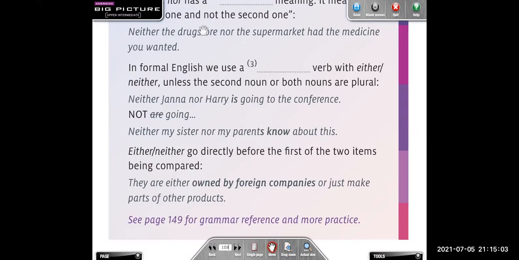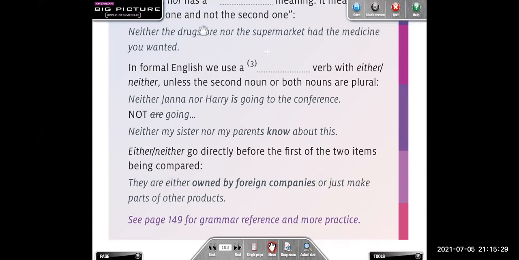Okay, entonces siempre debemos poner neither o either antes de la primera opción que estemos comparando, ¿ok? They're either owned by foreign companies or just make parts of their products, okay?